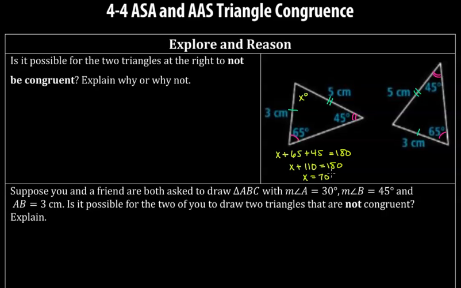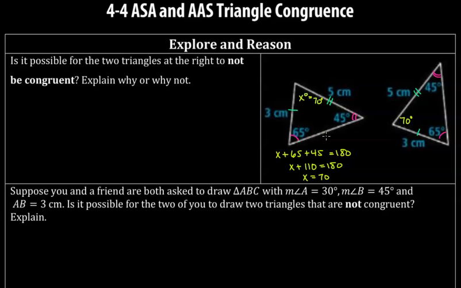So that means x would be 70 degrees. And then over here, I have a 45-degree angle, a 65-degree angle, and then a missing angle. So that one also has to be 70. So this is 70 degrees, and that's 70 degrees. So that only leaves this side length as a possibility for what could be different between the 2 triangles, because now we see that 5 of the 6 measurements are the same.